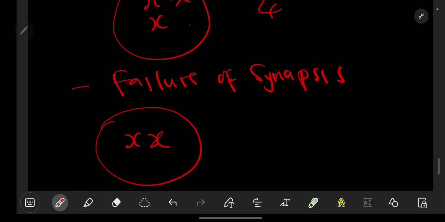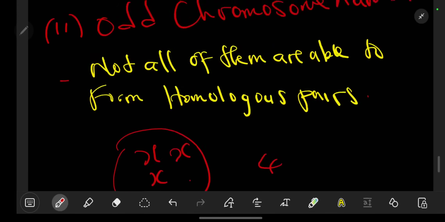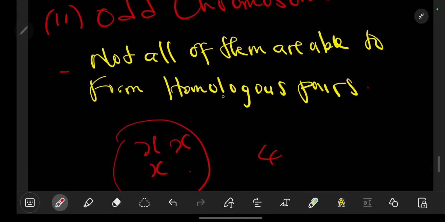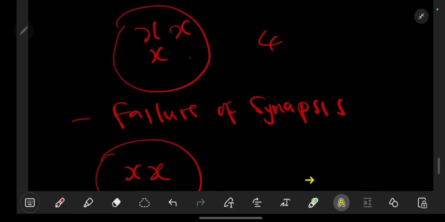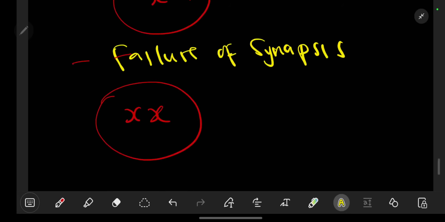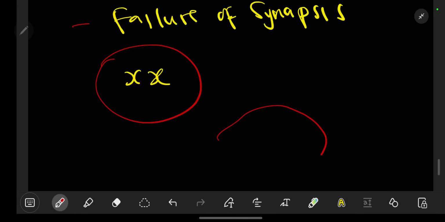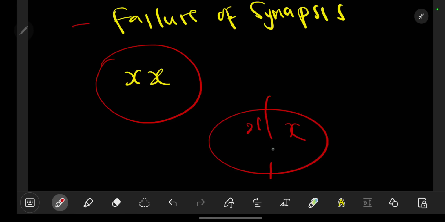So now, this is a build-up of knowledge. Not all of them are able to form homologous pairs. If they cannot form homologous pairs, that means there will be failure of synapsis. Synapsis is when they have completely paired up like that. Now, if there is no synapsis, these will fail to move at the equator side by side like that. So due to that factor, the mule is unable to reproduce.